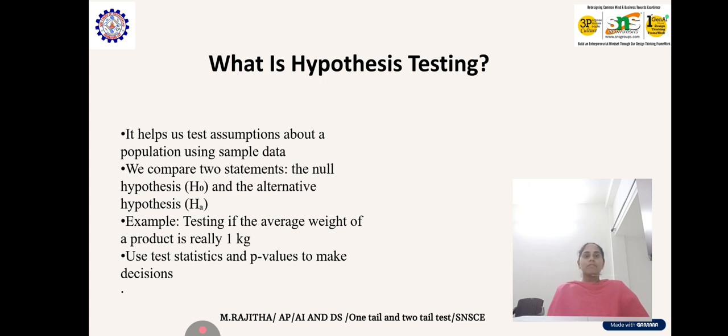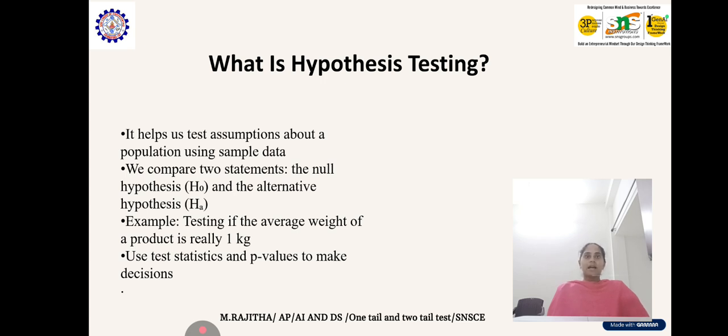For example, if a factory claimed that the average weight of its sugar packet is 1 kilogram, we can test this claim using sample data. If our sample shows a significant difference from 1 kilogram, we may reject the null hypothesis and accept the alternative.